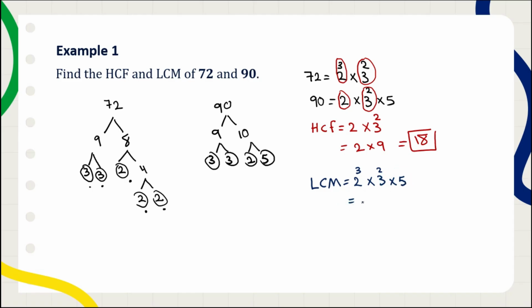Now 2 to the power of 3 means 8, by 9, by 5, then 72 by 5 equals 360. So the highest common factor is 18, and the least common multiple is 180.